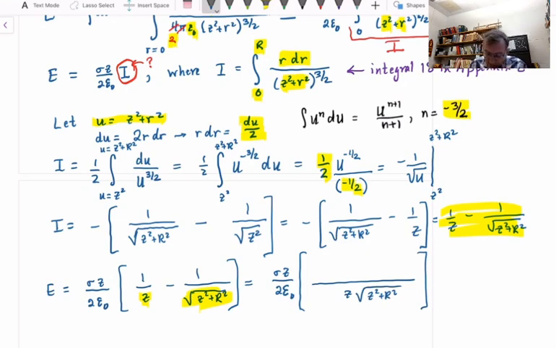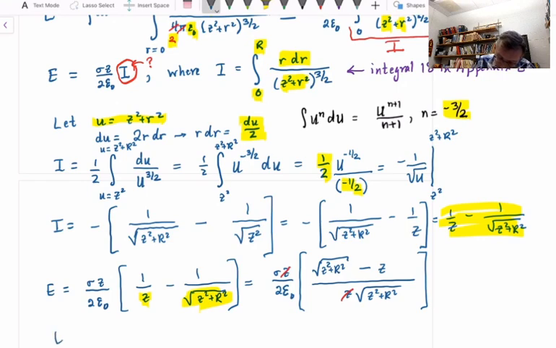Well, the first term has to be multiplied upstairs and downstairs by a factor of square root of z squared plus r squared. Then minus. And the second term numerator has to be multiplied by z. Now, when I do that, notice there's a z out front upstairs and a z inside downstairs, so that cancels.